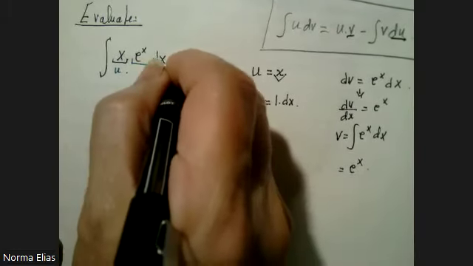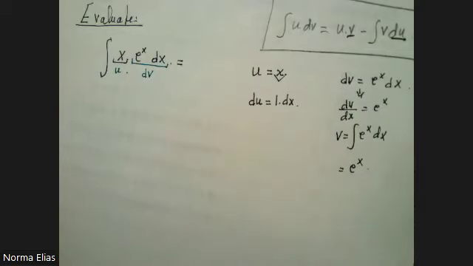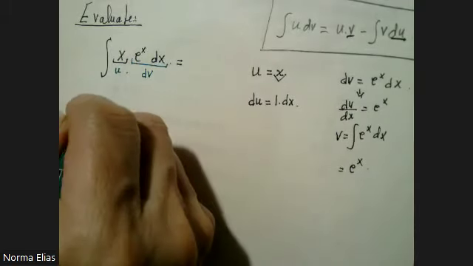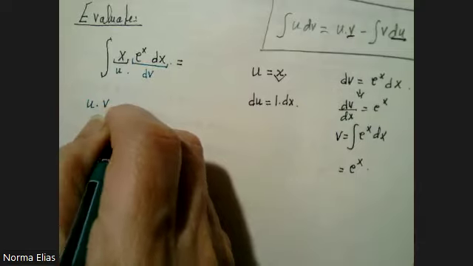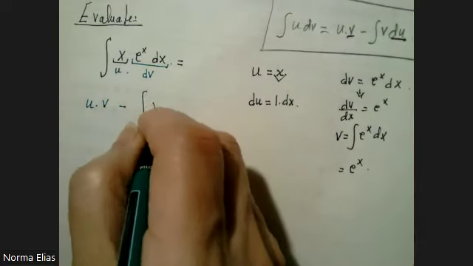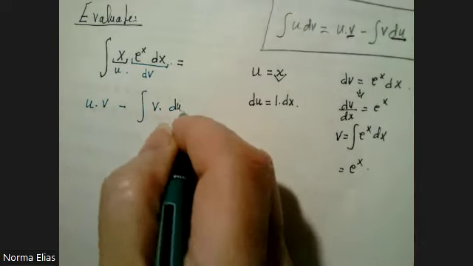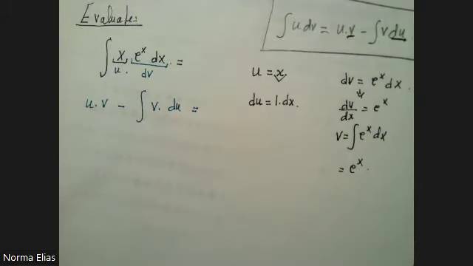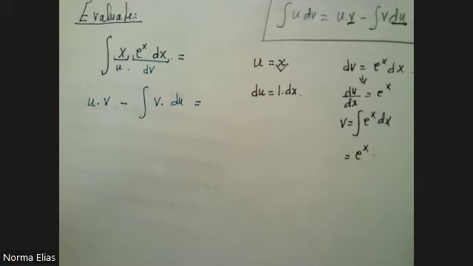So now let's see. The formula tells me that this is equal to u times v minus the integral of v du. Now we substitute.